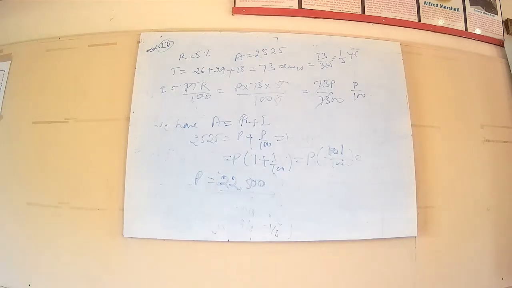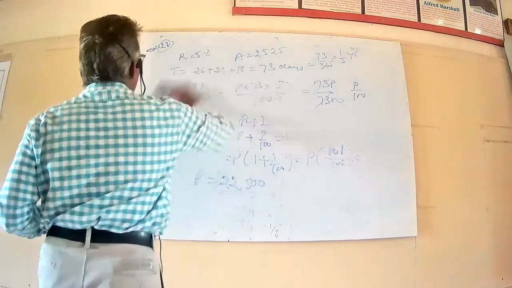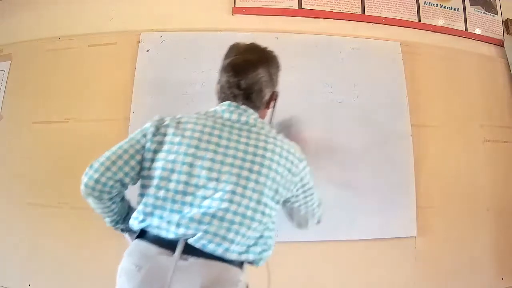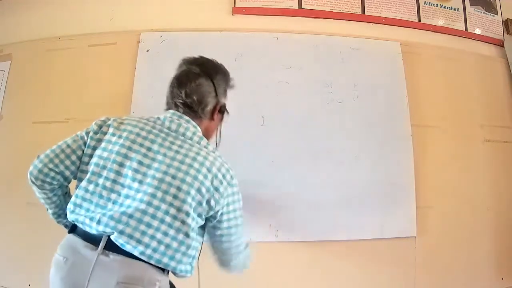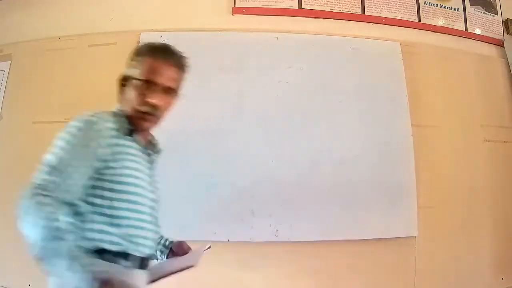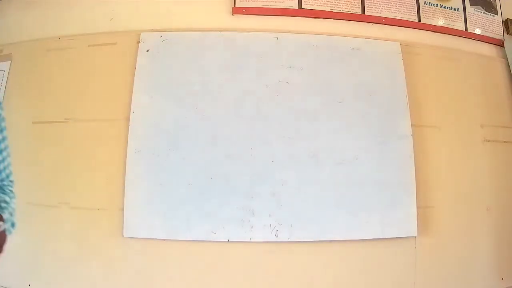Next is example number 24. Two sums of money differing by 200.